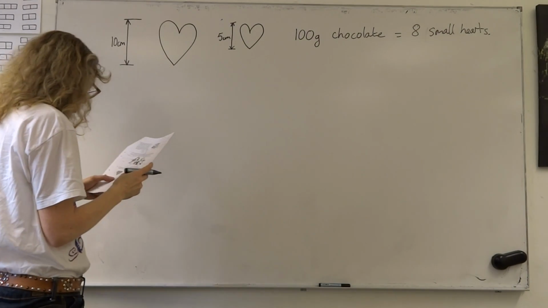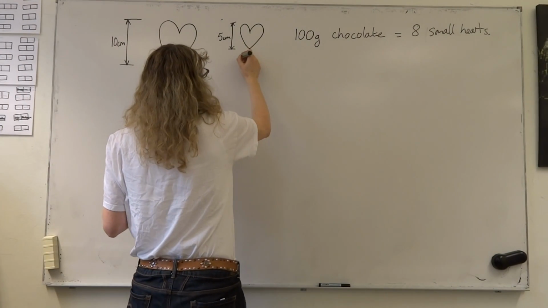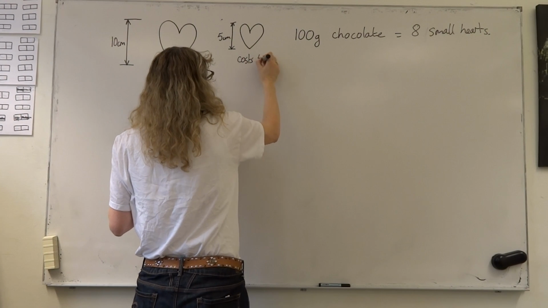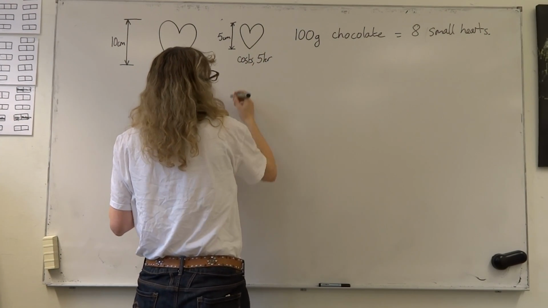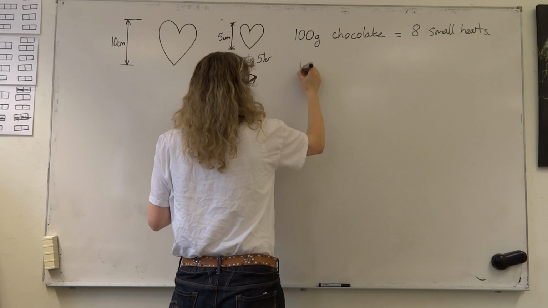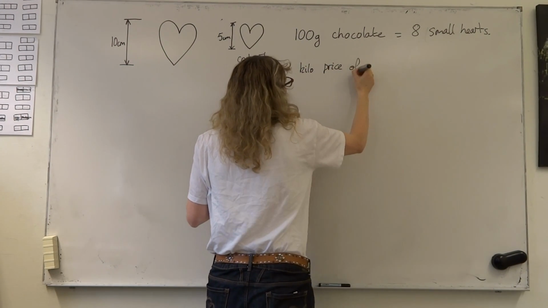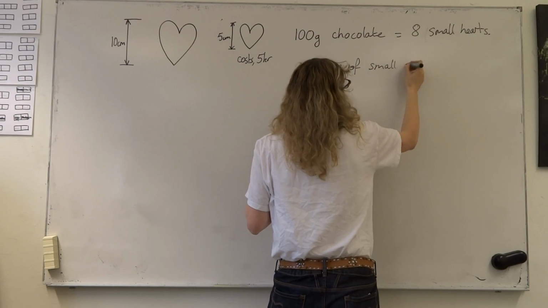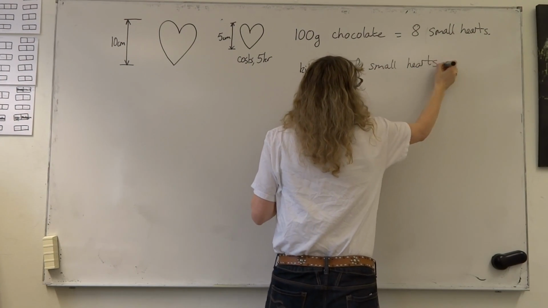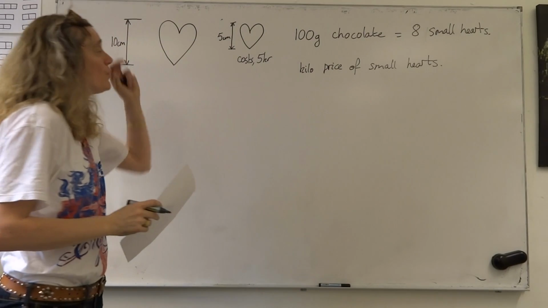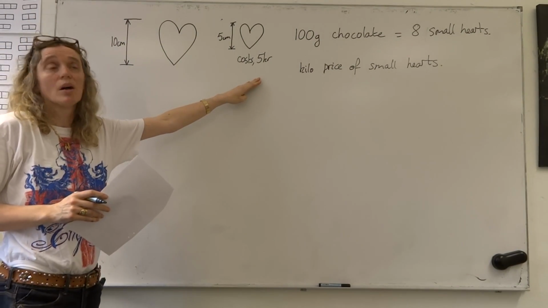And the question is, a small heart costs 5 kronas. What is the kilo price of small hearts? Well, the first thing we need to work out is what's the weight of a small heart.